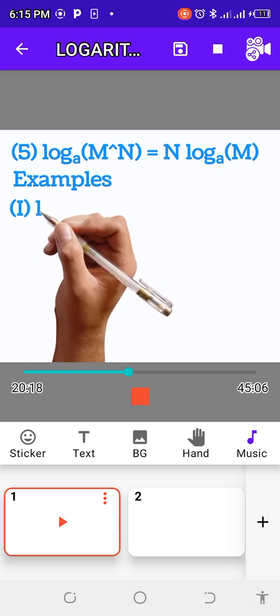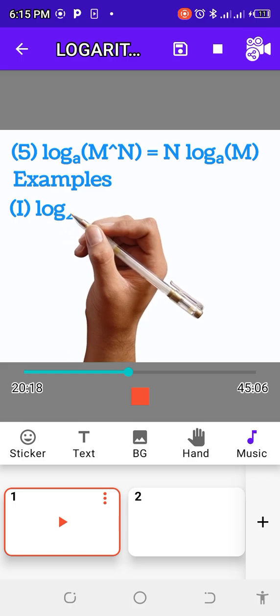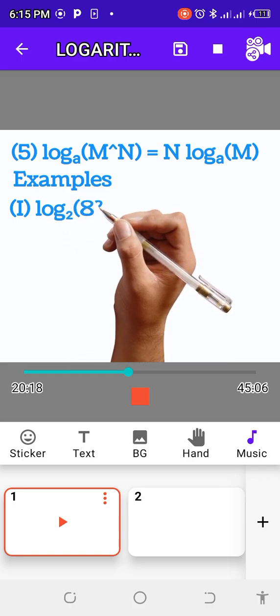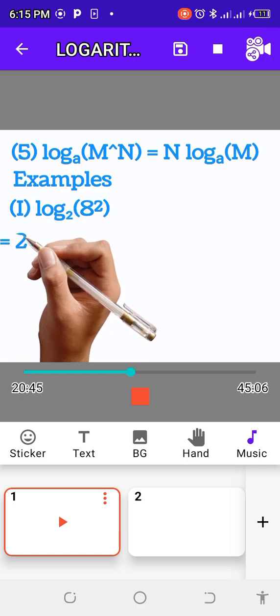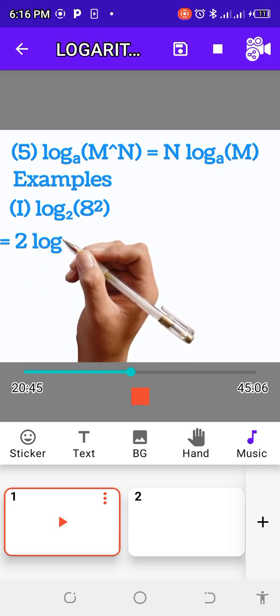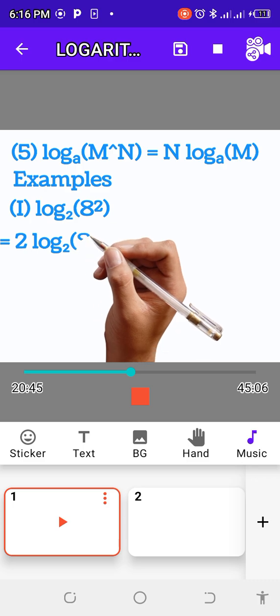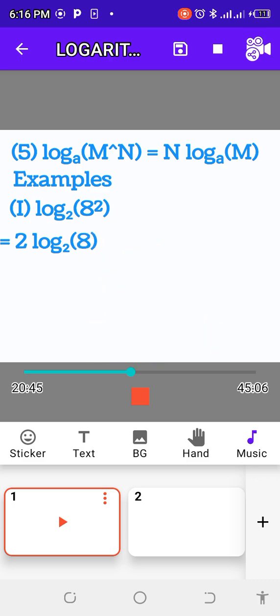Log m exponent n is written as n log m. The first example, log 8 raised to the power 2 base 2 is written as 2 log 8 base 2.